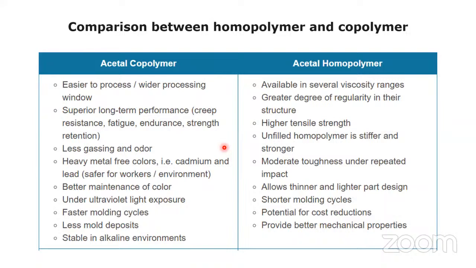Here, the acetal copolymers are easier to process, with a wider processing window. Then homopolymer is available in several viscosity ranges. Superior long-term performance for copolymer: it has less gassing and odor, heavy metal free color, and better maintenance of color.